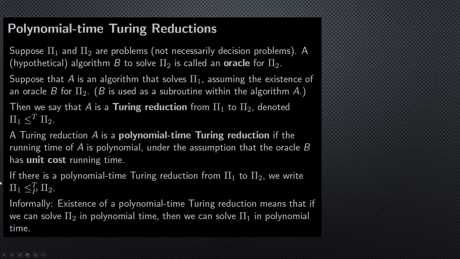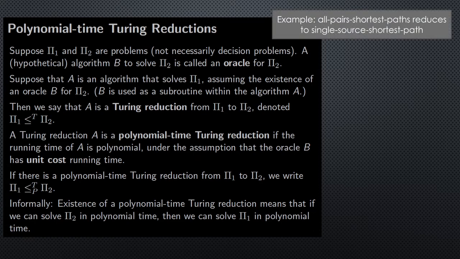And if there is a polynomial time Turing reduction from pi1 to pi2, we write pi1 less than or equal to sub T superscript p pi2. Okay? What does it mean to be polytime? It means your running time is polynomial in the input to problem pi1. You're trying to solve problem pi1, so the reduction should be polynomial in the input to pi1.